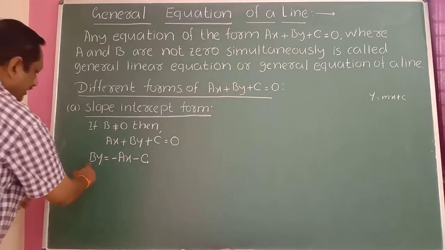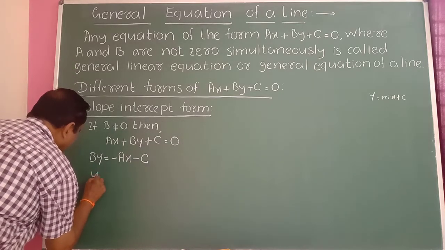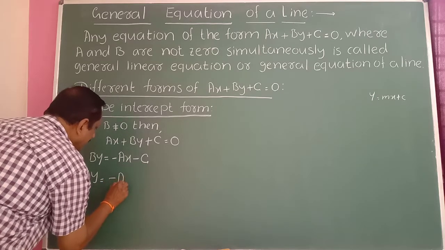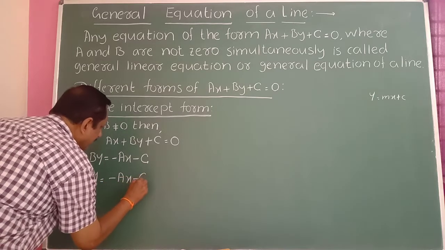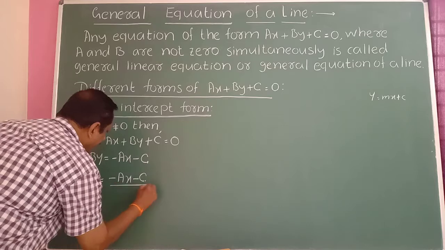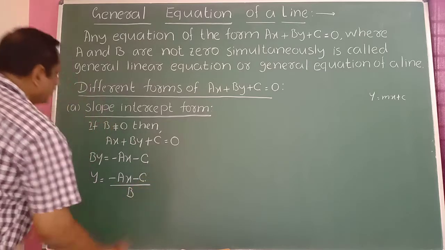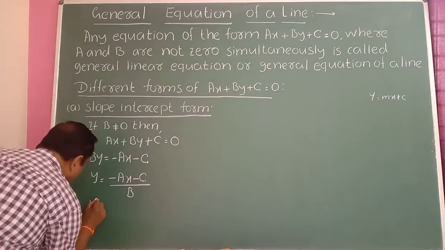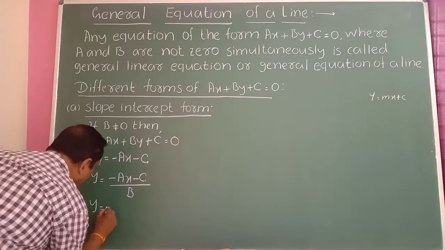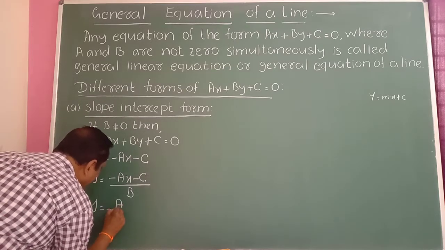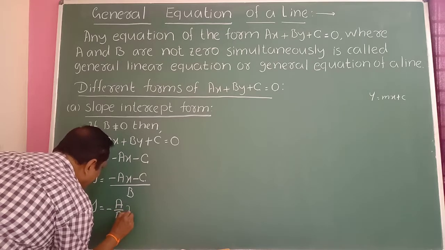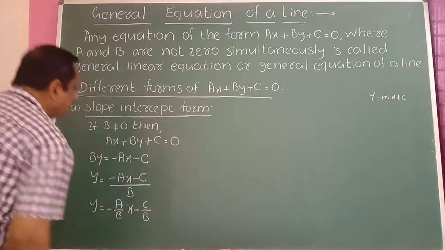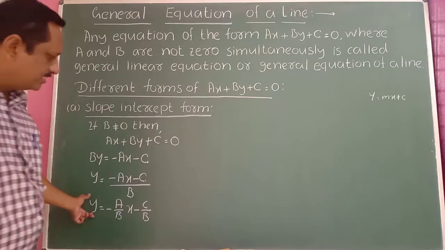Then take this b to the right hand side, so y is equal to minus ax minus c divided by b. Then this can be written as y is equal to minus a divided by b into x minus c divided by b.